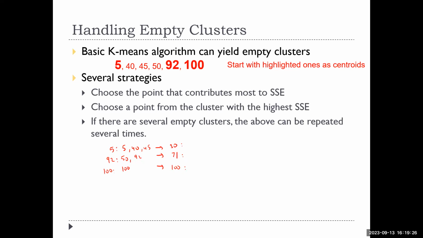So if you do this, now we should again check all of them. 5 goes to 30, 40 goes to 30, 45 goes to 30, 50 goes to 30, 92 goes to 100, and 100 goes to 100.